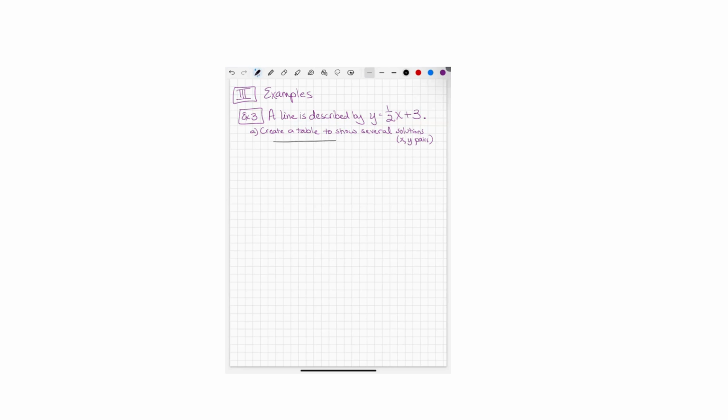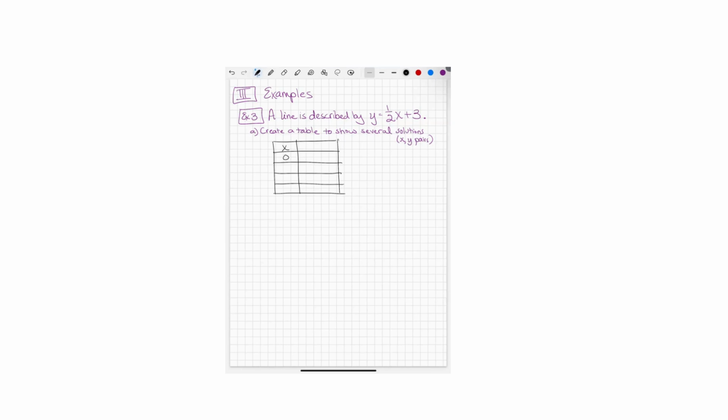Let's get busy. So you have freedom to choose your x and y values. I'm going to be lazy, embrace my inner lazy mathematician. And I'm definitely putting 0 in because it's a nice and easy number.